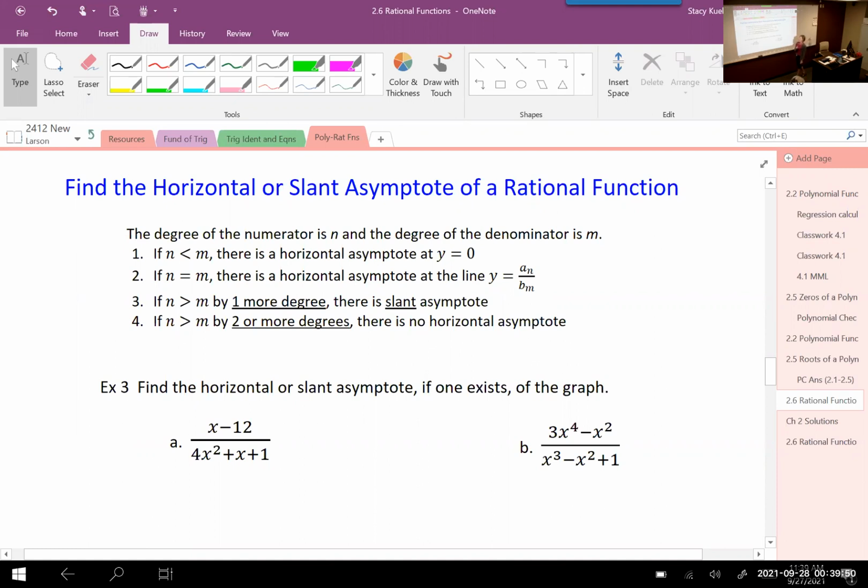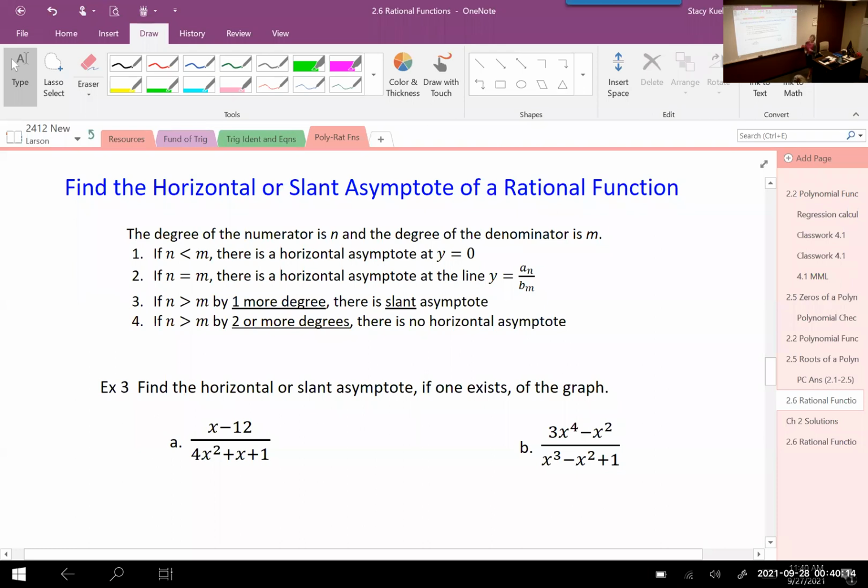If the numerator and the denominator degrees are equal, then we have a horizontal asymptote occurring at the ratio of their leading coefficients. I'll show you what that means in a minute, right? So we would have y equal to a horizontal line at those coefficients.